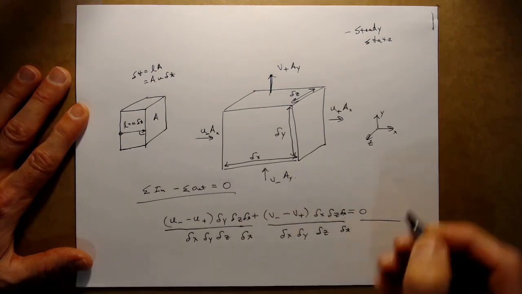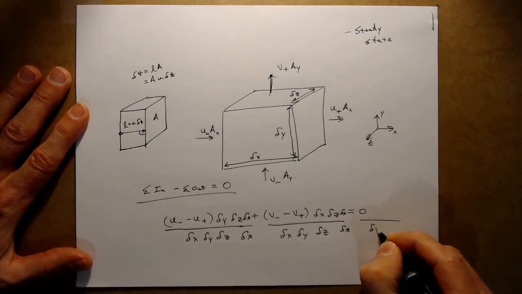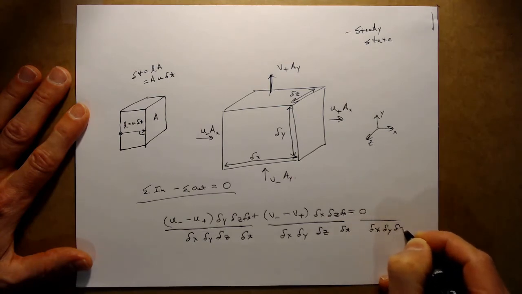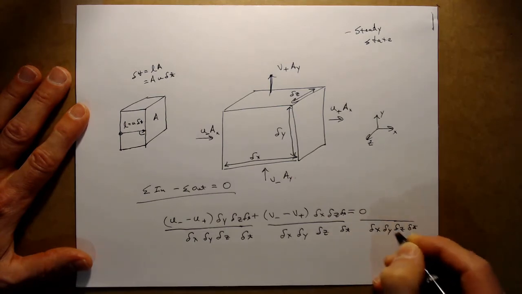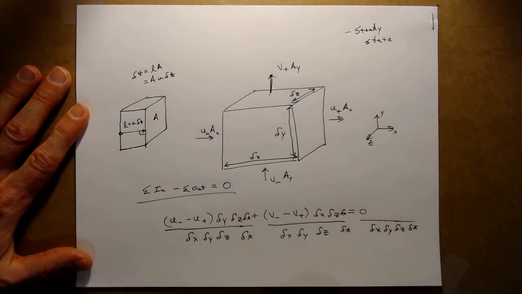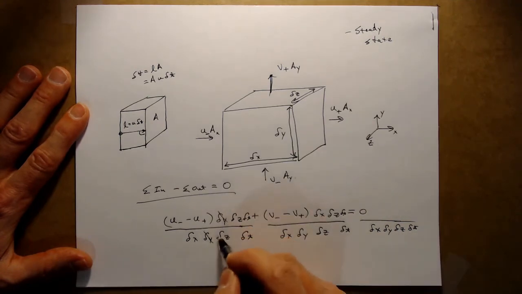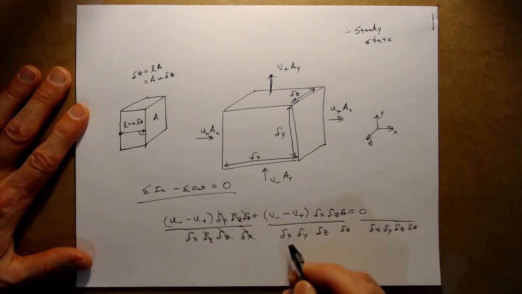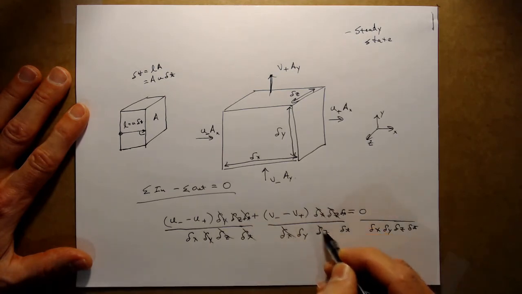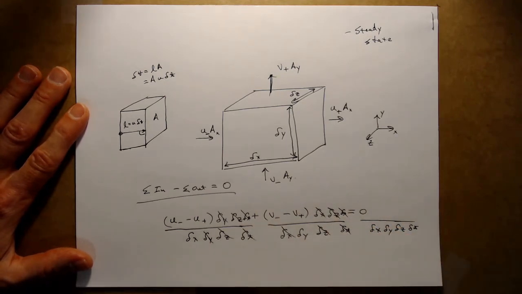I can also do that for the right-hand side, which of course is still 0. And if I cancel out all the terms that are the same between the numerator and the denominator, then I'm left with an expression that starts to look like where we want to get to.